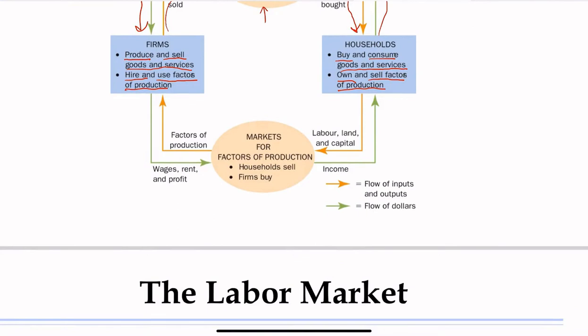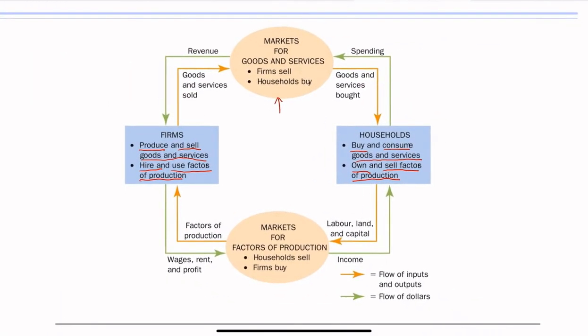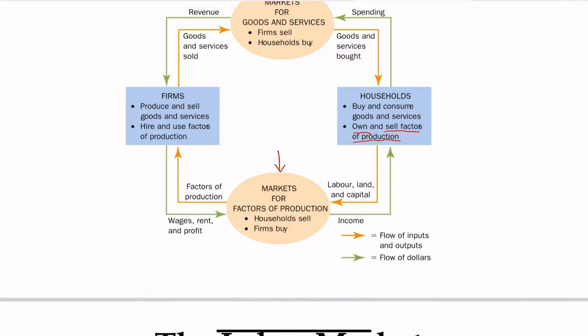Now, in previous chapters, we always focused on the product market. So we always focused on this component. And now let's look at a different component, which is equally important. This is the market for factors of production. In this case, households are sellers and firms are buyers. For example, if you work for a firm, then you're essentially selling your labor to the firm.